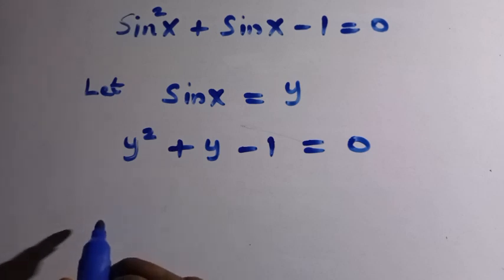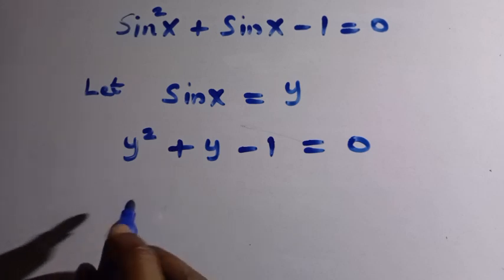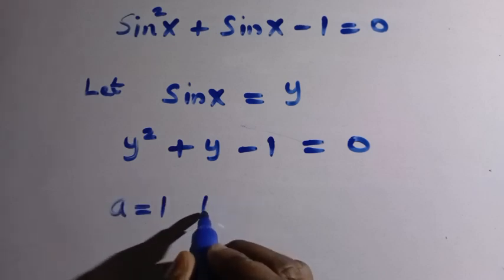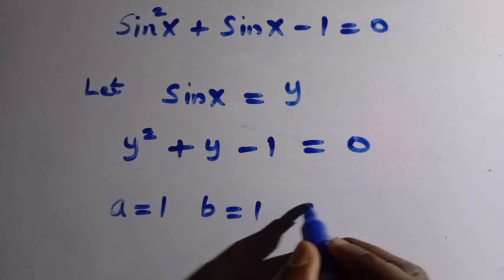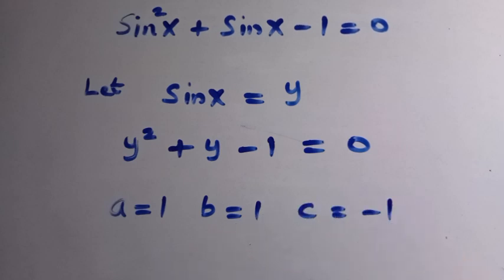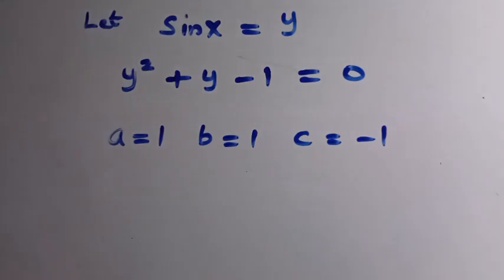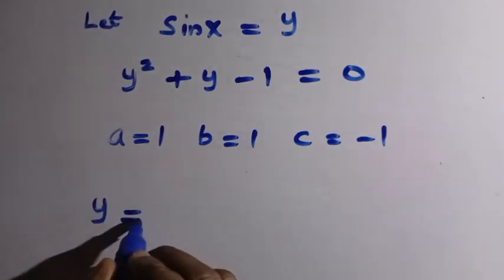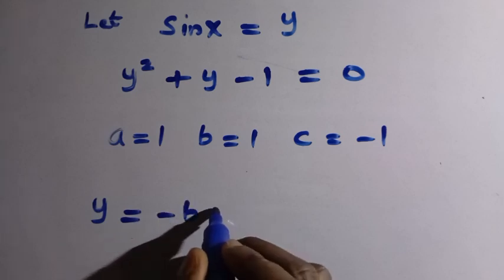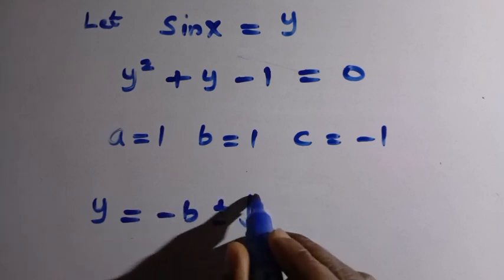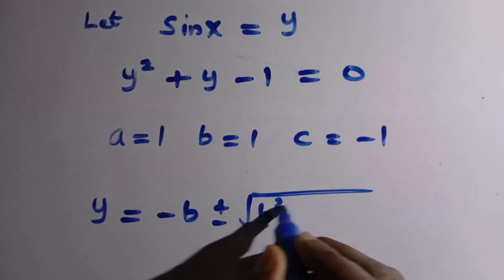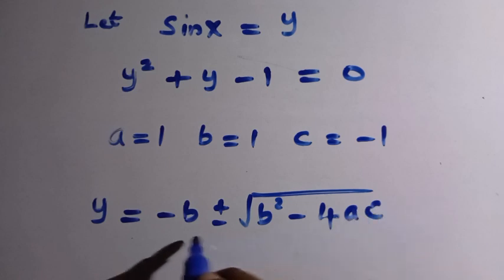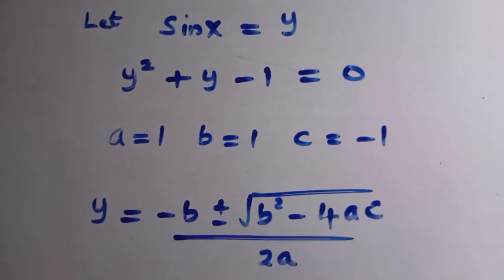To solve this, we need some parameters using the quadratic formula. So we need a, which is the coefficient of y squared, it is 1. Then we also have b, which is 1, and we have c here, which is minus 1. On getting all these values, we substitute them in the quadratic formula, which is y equals minus b plus or minus the square root of b squared minus 4ac, divided by 2a.